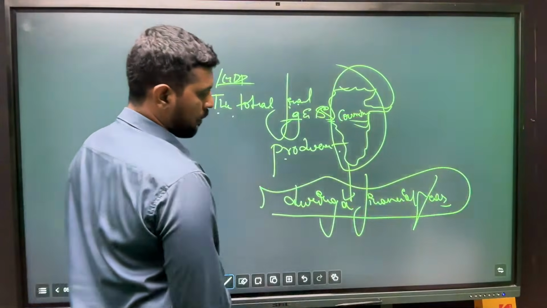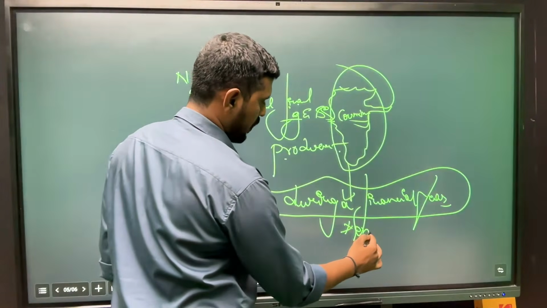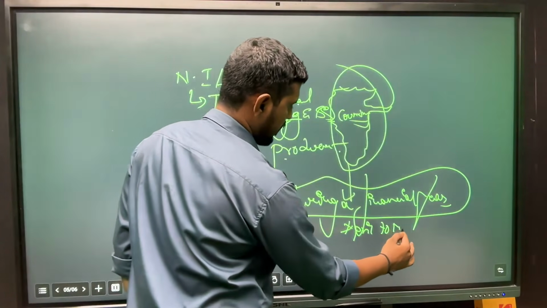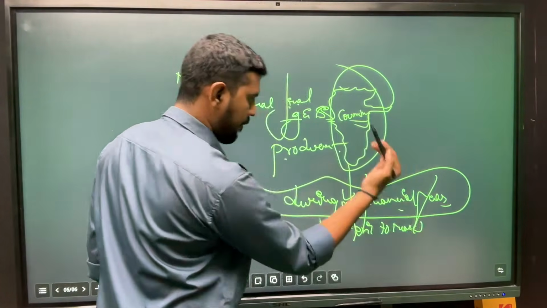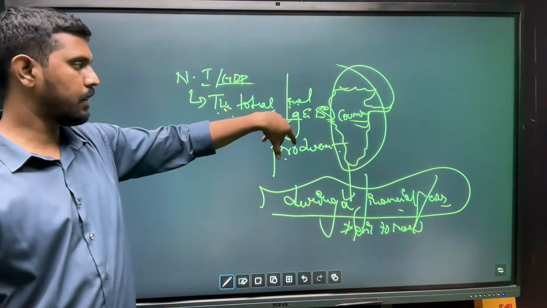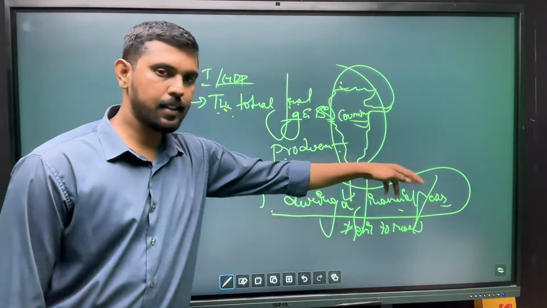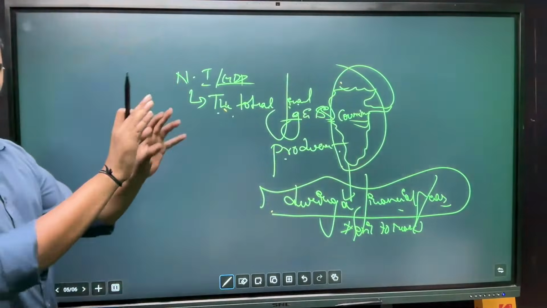Financial year, what is it? April to March. You can write per financial year or a particular one. So the total final goods and services produced in a country during a financial year. Write this as the intro.